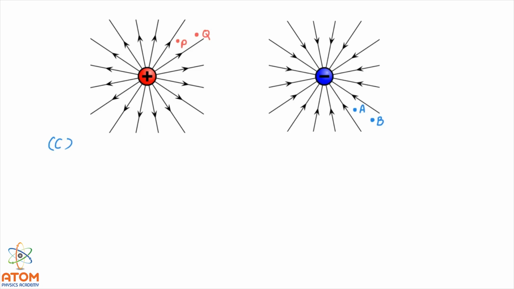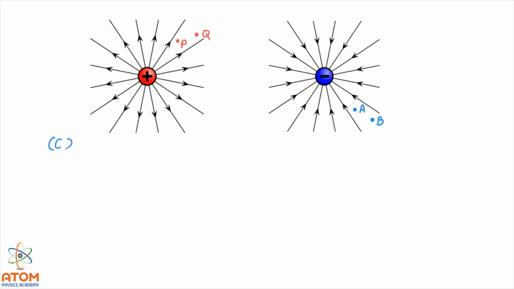See, if we move a positive charge from Q to P, obviously there will be a repulsive force from the positive charge, and we have to work against that repulsive force while moving from Q to P. So if this work is done by an external agency, an external force, then that work will be positive.